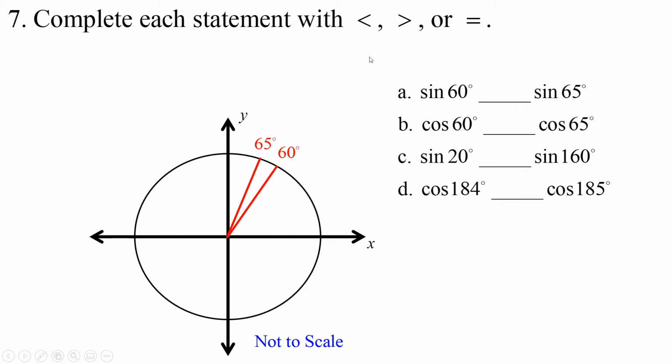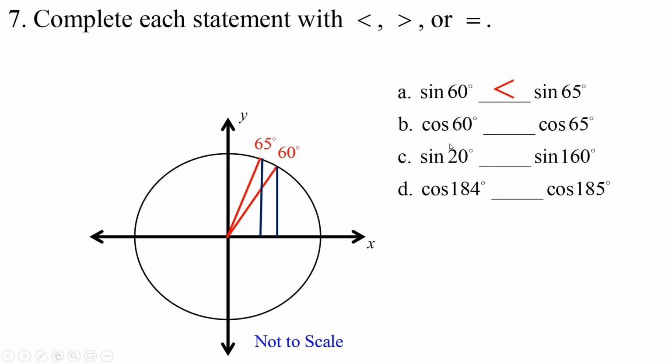Okay, so think about this here now. All right, the 60 degrees, look at this vertical distance right there, and the 65 degrees, that vertical distance is a little more. So sine of 60 would have to be less than sine of 65. And again, I'm just visualizing these vertical distances right here.